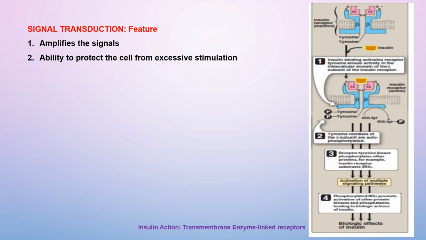This is done because repeated or continuous administration of the drug may damage the cell, like high concentration of calcium initiates cell death. To control this, the receptor becomes desensitized.